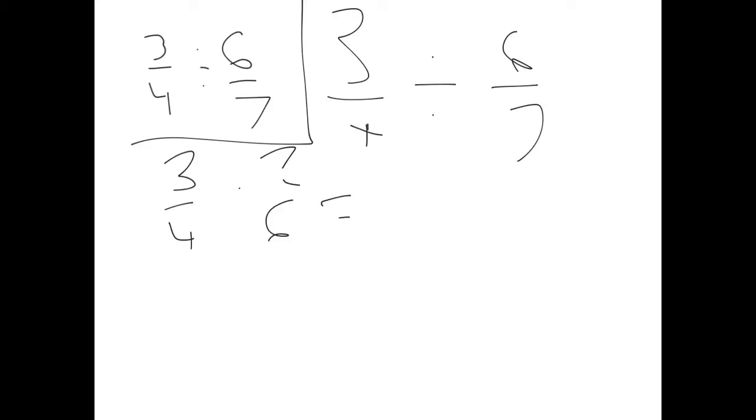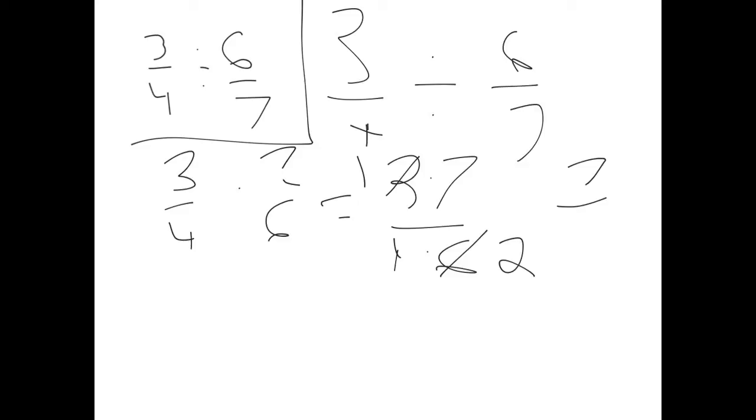Now, 3 times 7 over 4 times 6. 3 goes into 6 twice, so we must divide it by 3. 2 and 1. 7 times 1 is 7 over 2. Your answer will be 2 over 7. Actually, I am sorry. It will be 7 over 2.